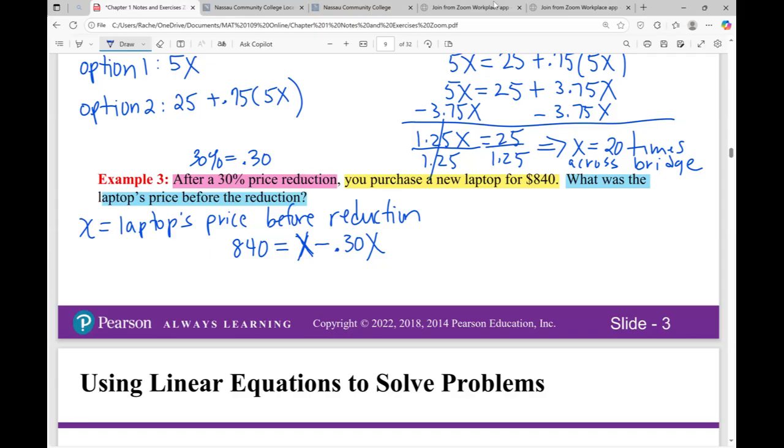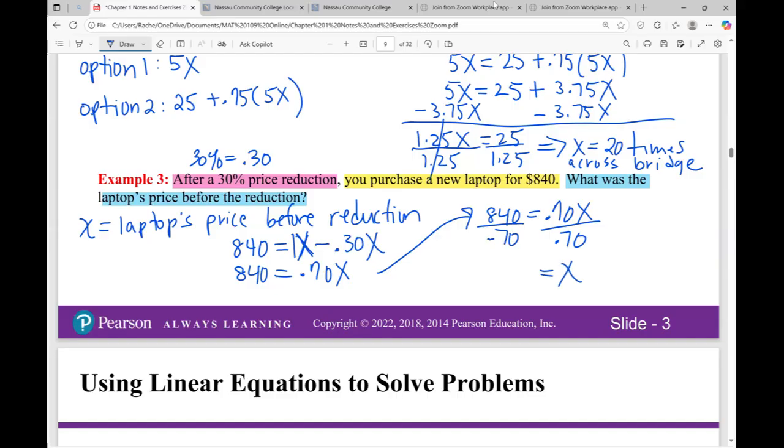And now we can figure out what that original price was before the reduction. Let's solve for x. So we're going to have 840 equals, think of this as 1x, 1x minus 0.30x, which is 0.70x. And now we can divide both sides by 0.70.